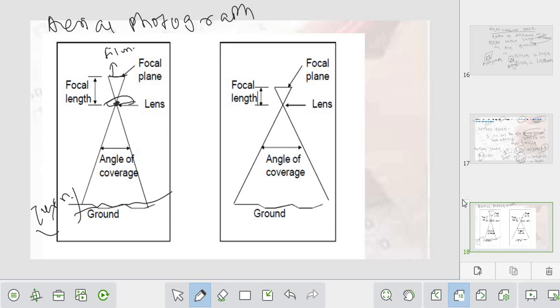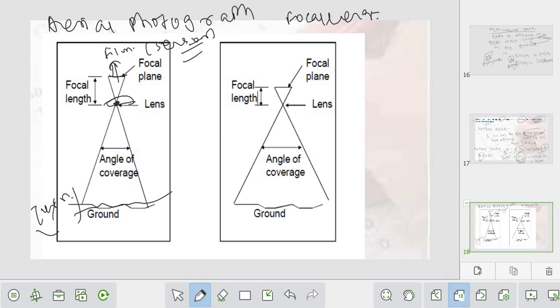Film का मतलब क्या है? Film का मतलब it is a sensor, right? It is a sensor. So focal length क्या है? Focal length, it is a focal plane or film, it is a sensor.